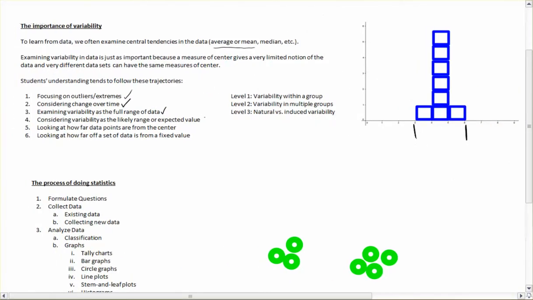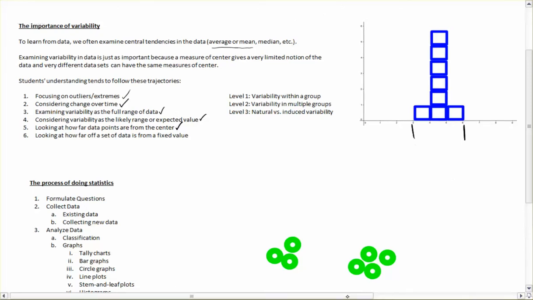Next, students consider variability as the likely range or expected value, so they can start to think about what might be expected in certain situations, which is a more sophisticated way to think about variability. Finally, we get two related concepts that can look at how far data points are from the center.